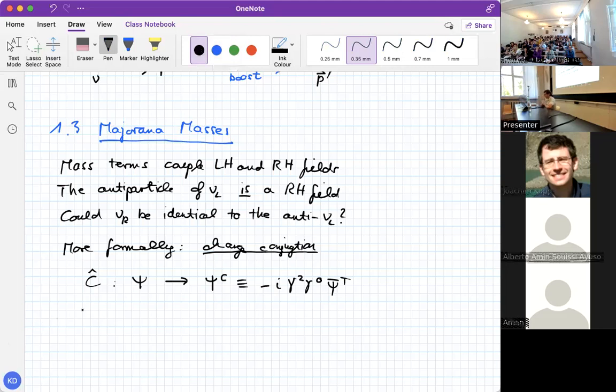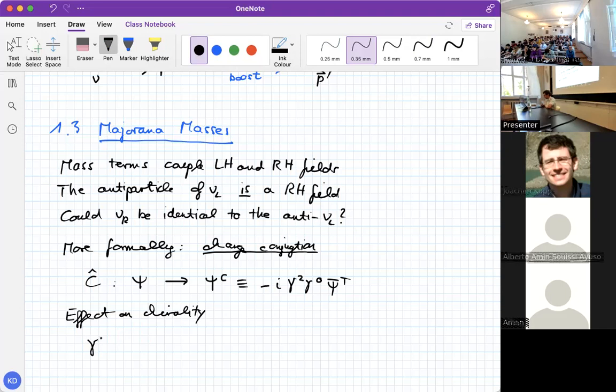So let's first check what this operator does with the chirality of a particle. So chirality is the operator that tells you whether a particle is left-handed or right-handed, and it's just the gamma 5 matrix. Remember, the gamma 5 matrix is the diagonal matrix -1, -1, 1, 1.